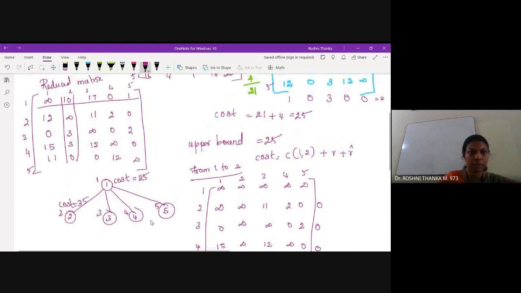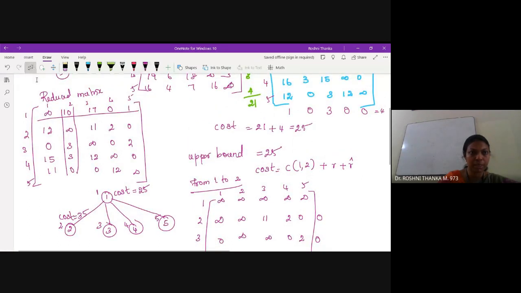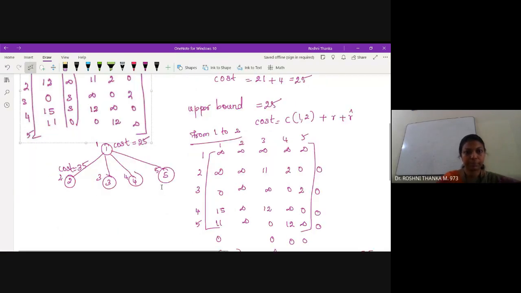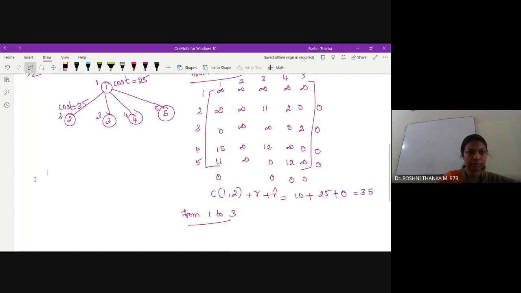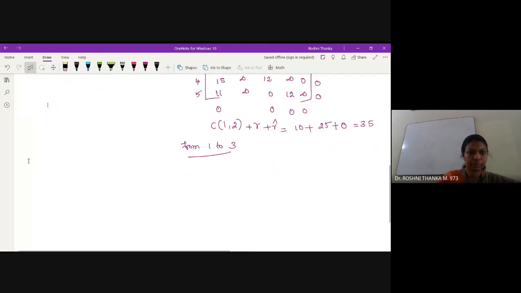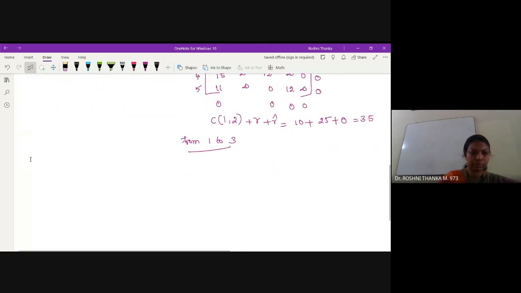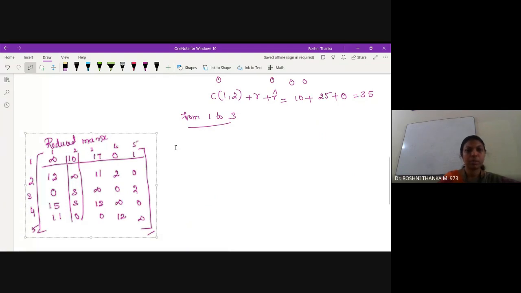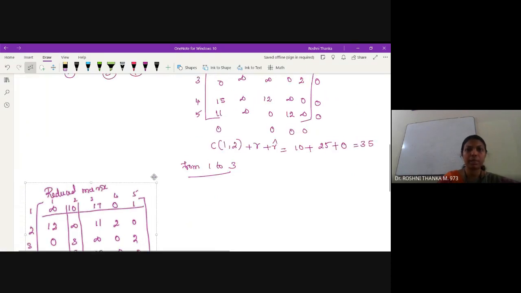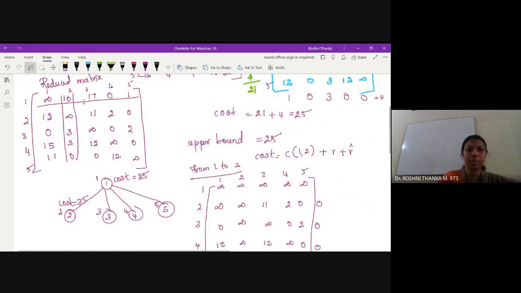One second, I'll copy this and paste it there so that you can also view it. So this is the parent matrix, because from this matrix only we found this. Again, it is a new thing, moving from 1 to 3, right? So to calculate from 1 to 3 also, we have to use the same matrix.